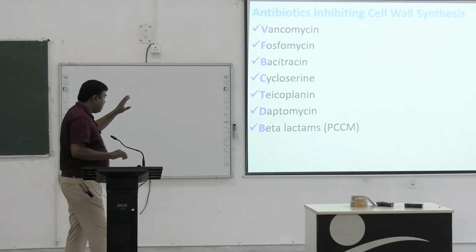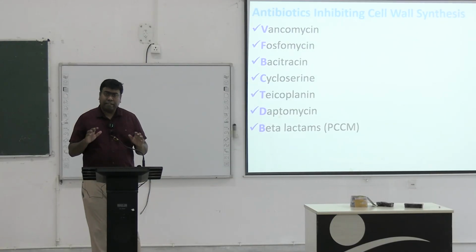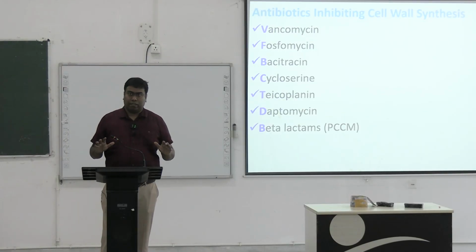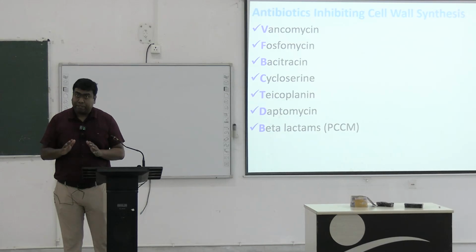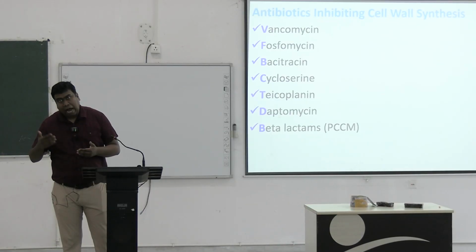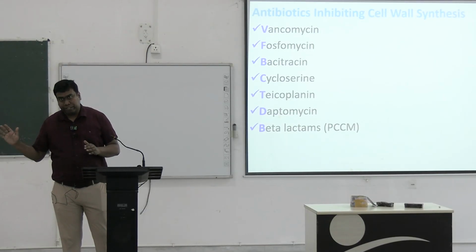Similarly, teicoplanin, cycloserine, bacitracin, and phosphomycin, their action is against cell wall, but they don't have a beta-lactam ring. Clear এই পর্যন্ত? So all cell wall inhibitors are not beta-lactam antibiotics, but all beta-lactam antibiotics are cell wall inhibitors.